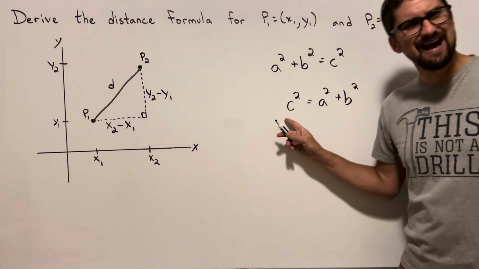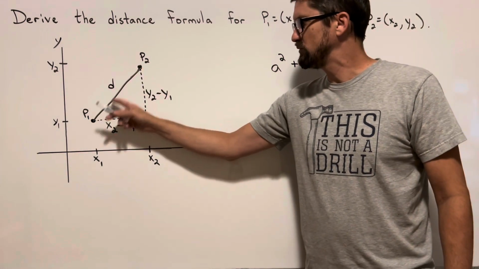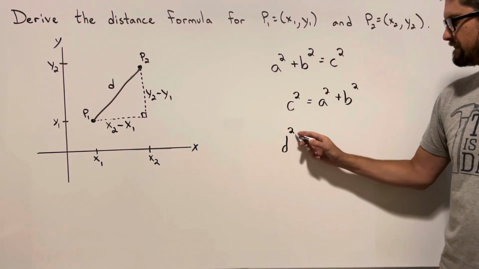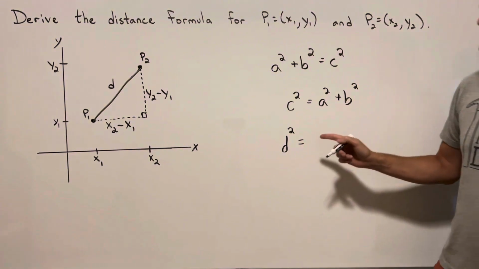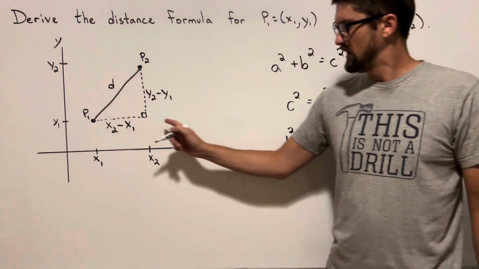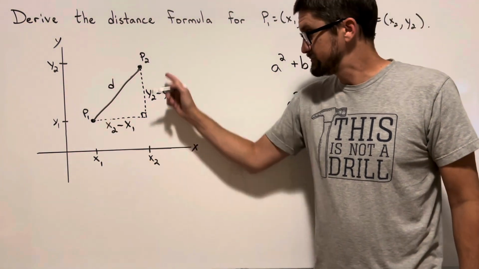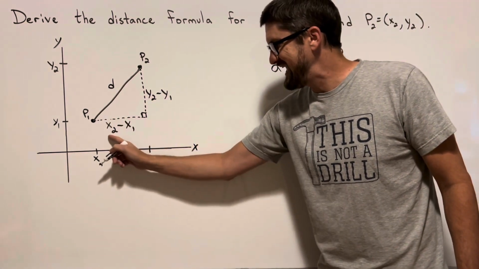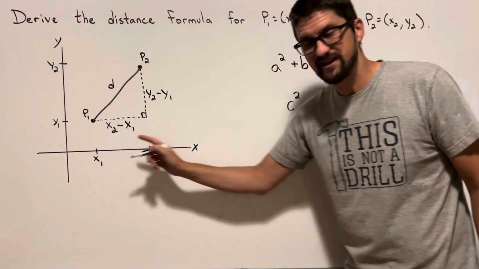All right, so c is the hypotenuse. I'm going to replace that with d. So the left-hand side is going to be d squared. The right-hand side, the a, I'm going to let that be this leg. It doesn't matter which leg you let it be, but let's do this one. So I'm going to replace a with x2 minus x1.